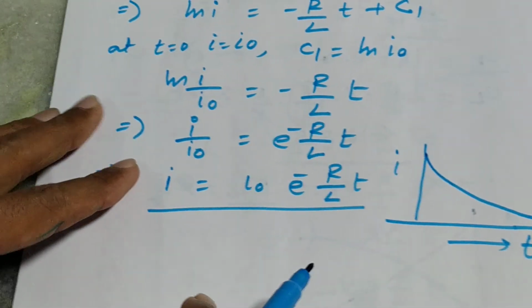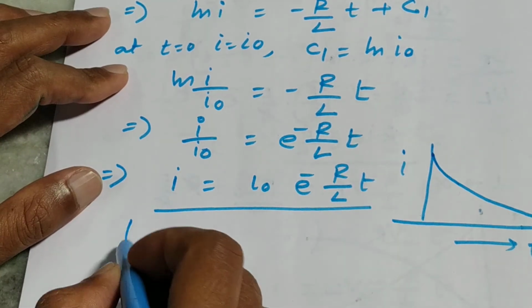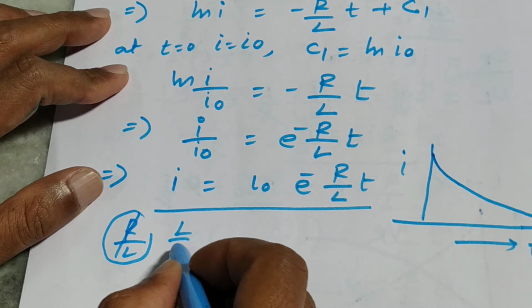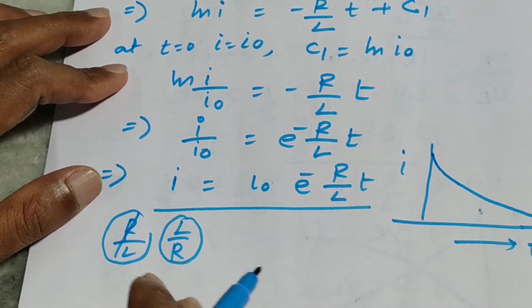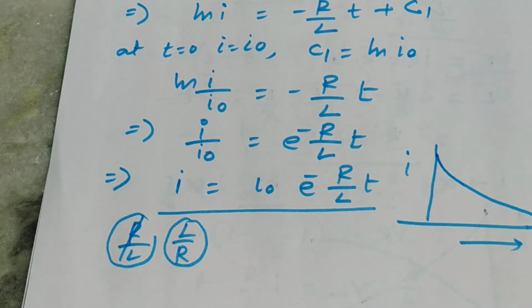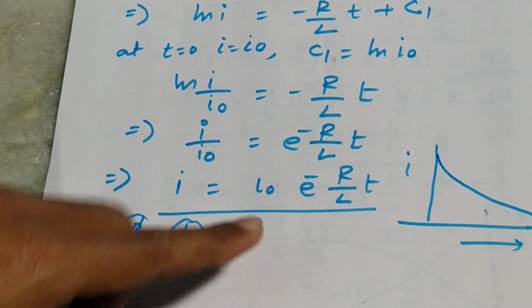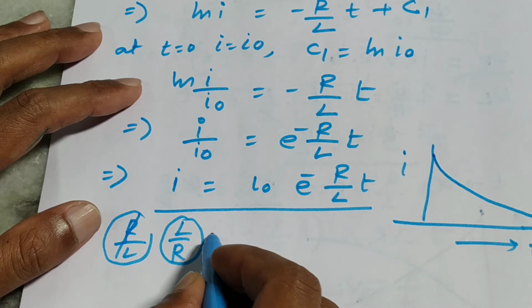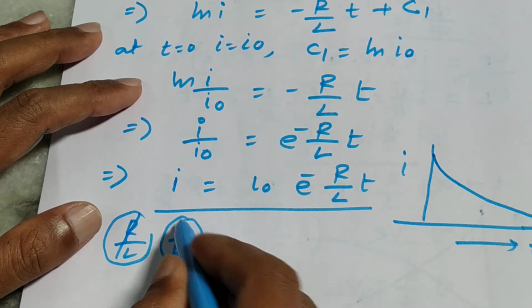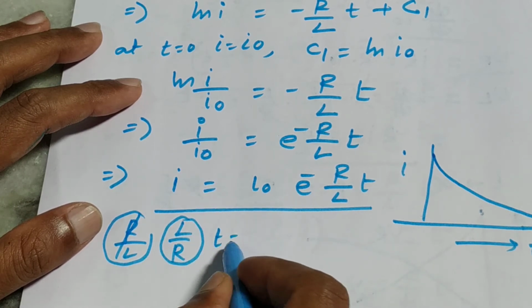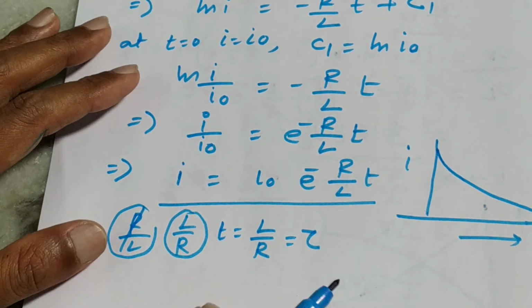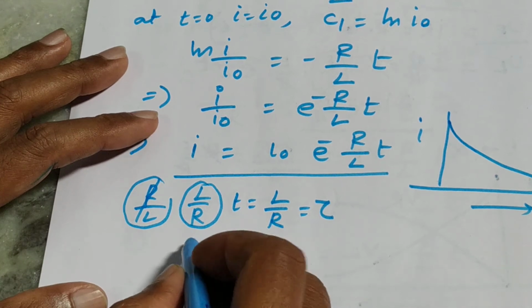Okay. And here L by R represents the time constant for the decaying of the current, and if we substitute the value of t equal to L by R, that means the time constant, what will be the current after one time constant?